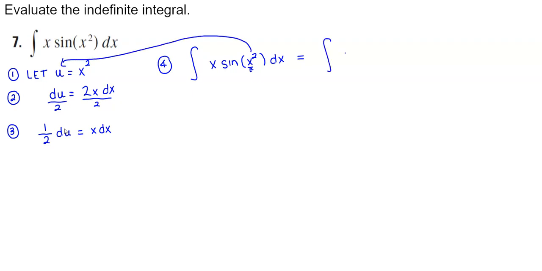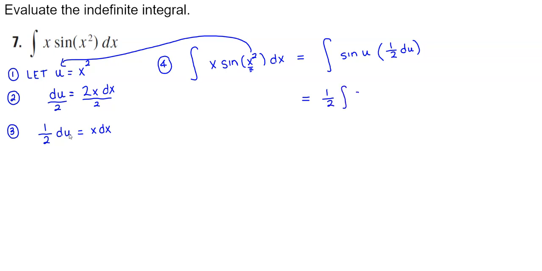So we have the sine of u. And then what are we going to multiply it by? Well, what does x times dx equal here? Well, it equals 1/2 du. So this is times 1/2 du.